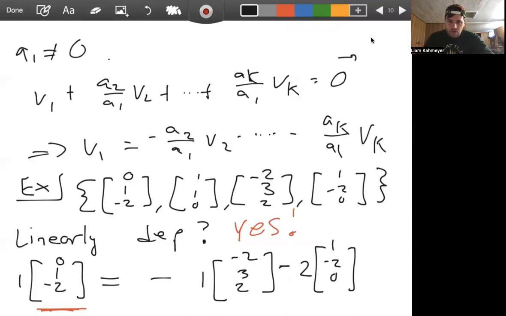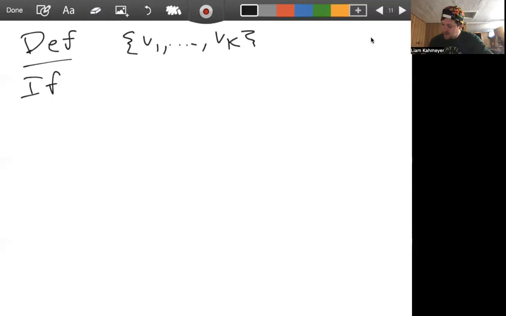Now, there's also a notion of linear independence. Let's give a definition here. Again, for a collection of vectors, let's consider V1 through Vk.